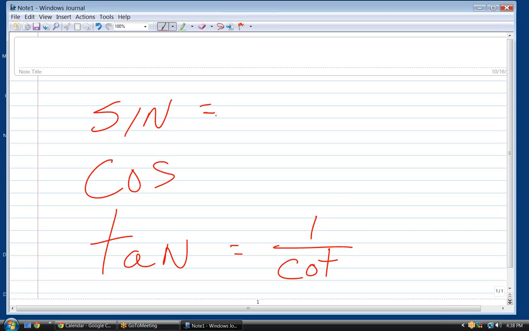Which leaves the secant and the cosecant to go with the sine and the cosine. The cosecant goes there, the secant goes there. And notice that all three relationships have one co. There's the co in this one, in that one, and in that one.